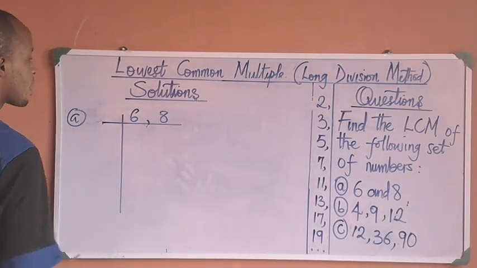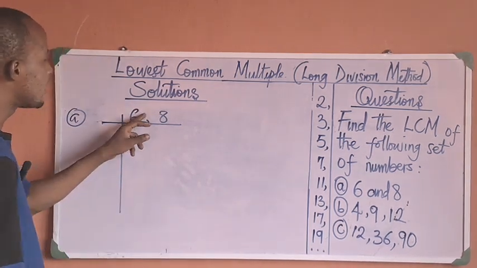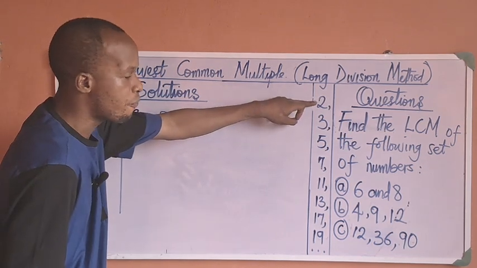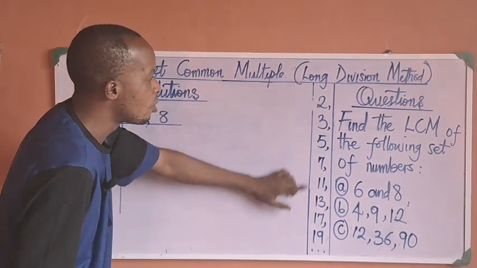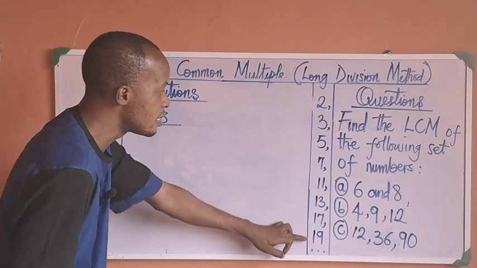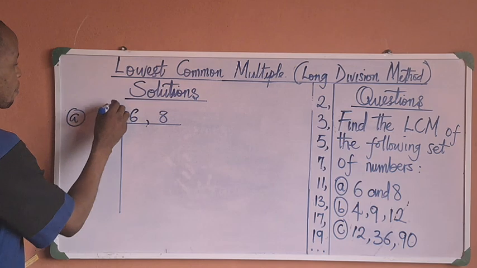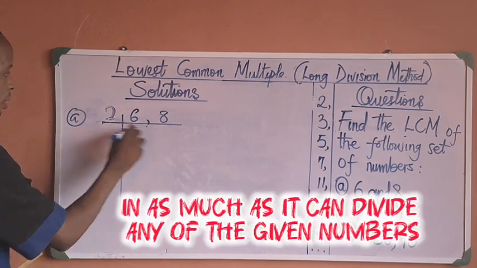And now this is the rule. I will start dividing each of the given numbers using my prime factors, beginning from the lowest. The lowest prime factor in this list is 2. And then I'll put my 2, it's a prime factor, to the left of the division line.